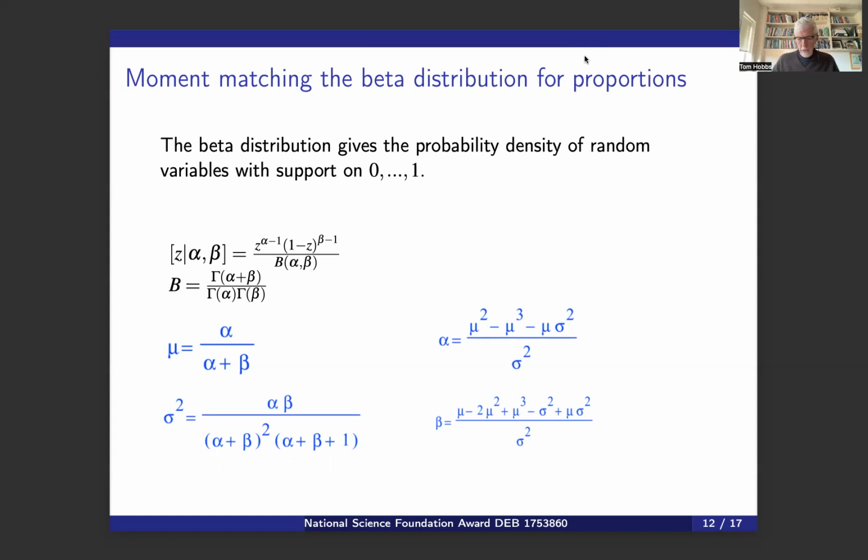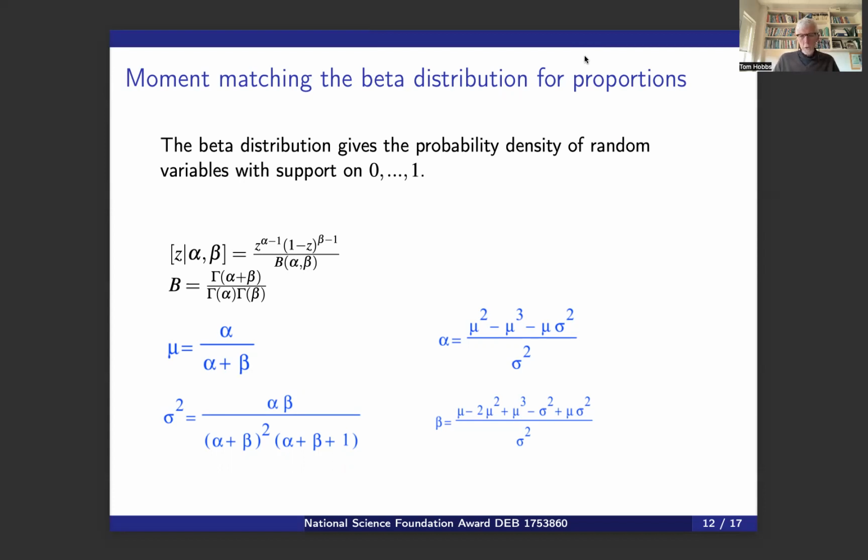Doing the same math of solving two equations in two unknowns. We have mu, the mean of the beta distribution, is alpha over alpha plus beta, and the variance is alpha beta over alpha plus beta squared, times quantity alpha plus beta plus 1.